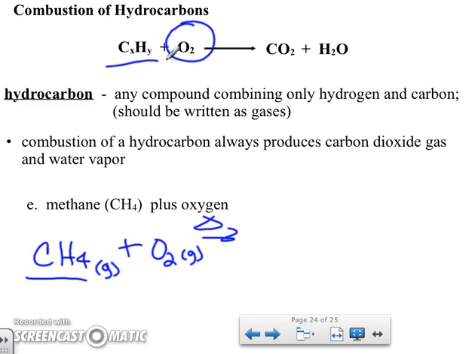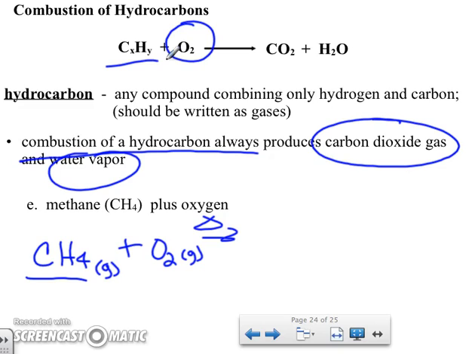And we know who the products are because when a combustion of a hydrocarbon occurs, it will always produce carbon dioxide gas and water vapor. Carbon dioxide gas plus water vapor, which is also a gas.